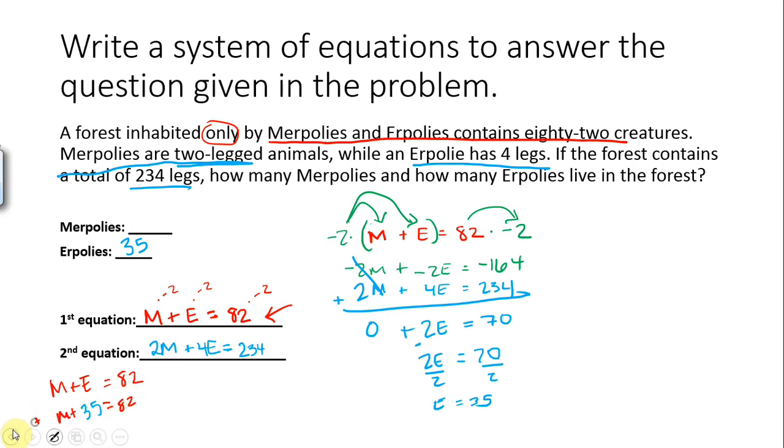First, I'll add negative 35 to each side. And that will get me m equals 47. And that's it.